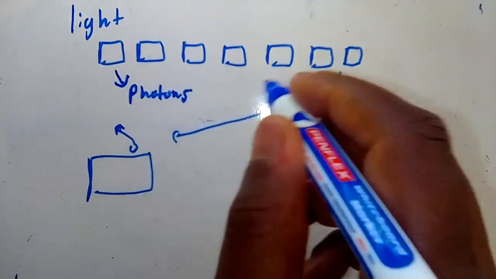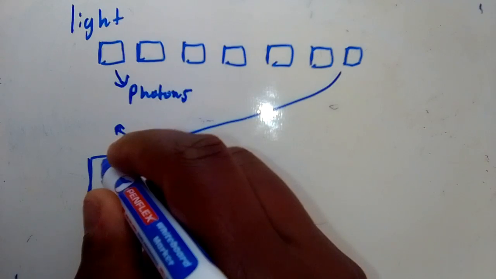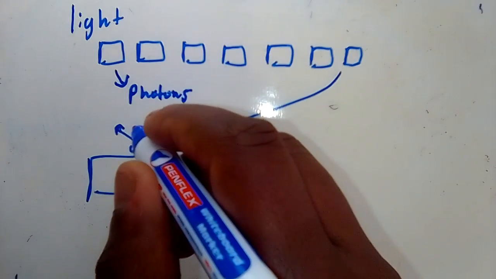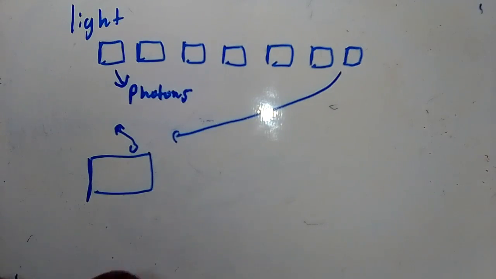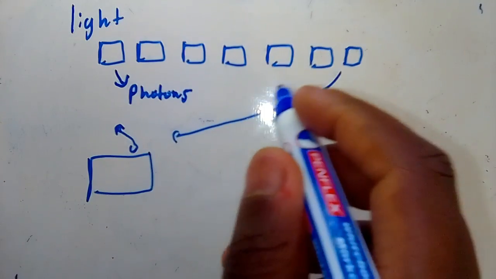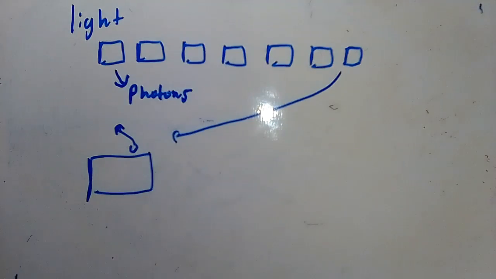So 500 photons will remove 500 electrons, provided that the light has enough energy.